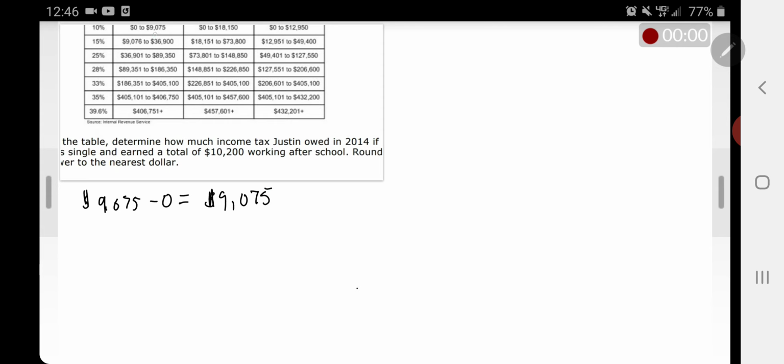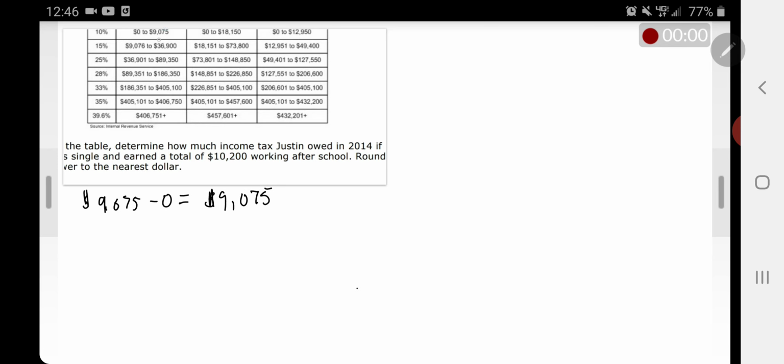Okay, I just took the 9,075 up here and subtracted from this number over here. Of course, that's going to be charged at 10%. So I'm going to take 9,075 times 10%, or 0.10 or 0.1. It's the same thing as 10%.